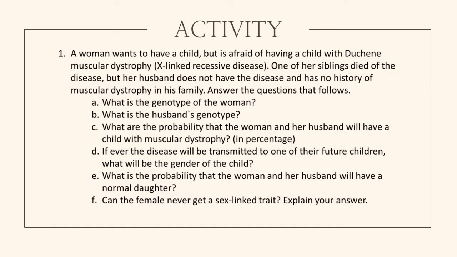Which is a daughter that has no muscular dystrophy, but there's a chance that this daughter can be a carrier of muscular dystrophy. Okay? So, ilan nga ba maging probability? So, we have here 0%. So, with that, ayun nga, meron tayo ditong isasagot na sa letter E, 0%, 25%, 50%, 75%, and 100%.